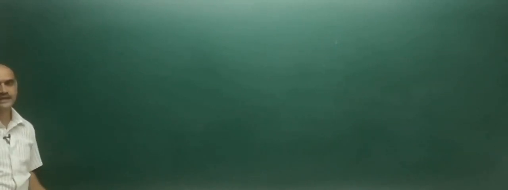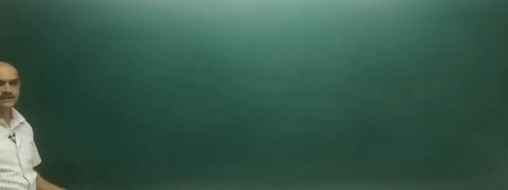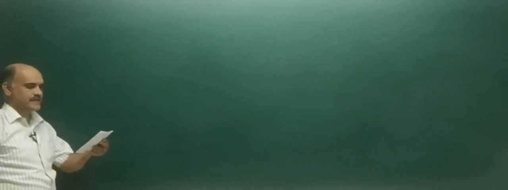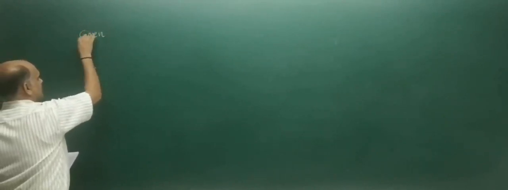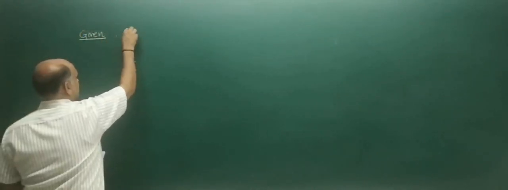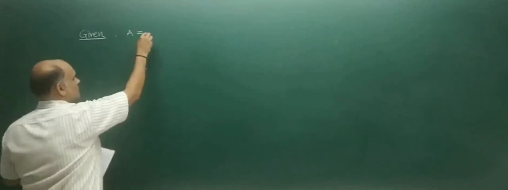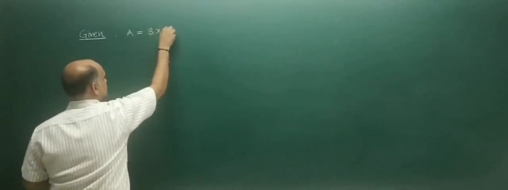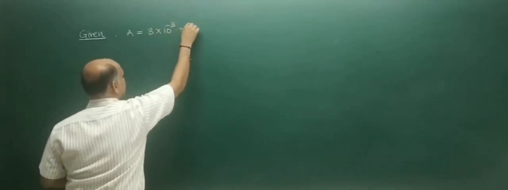So the first problem. In a parallel plate capacitor, each plate has area 8 into 10 raised to minus 3 meter square. So he has given area of a plate, A is equal to 8 into 10 raised to minus 3 meter square.